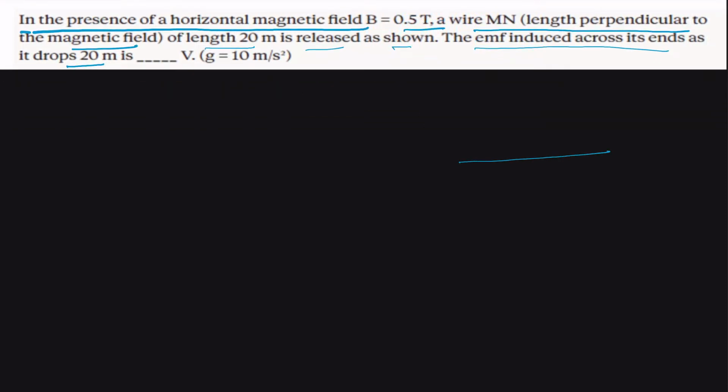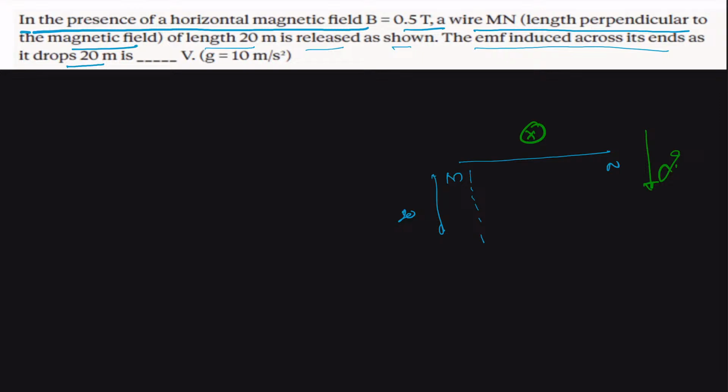So we are having wire MN and the magnetic field is into the paper and it is moving downward, obviously with acceleration equal to gravity g, and when it drops by a distance of 20 meter, we are supposed to find out what will be the induced EMF, and this is directly based on the question.